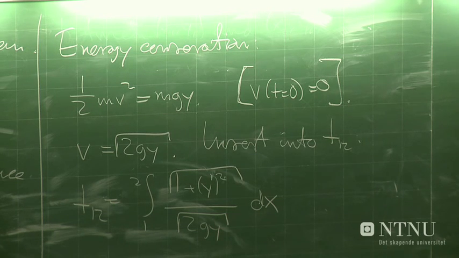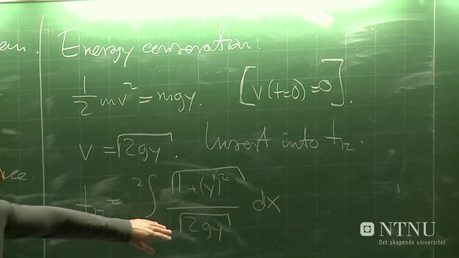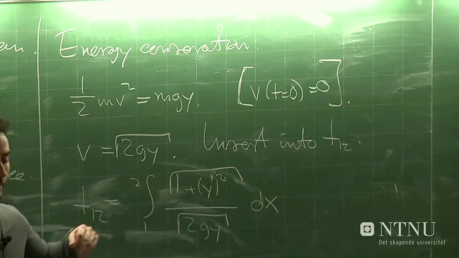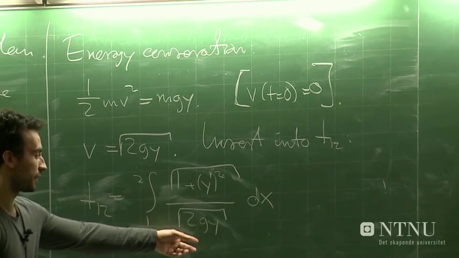Inserting it into the expression for t12, I get this. This is just the rewriting of ds, similarly to what I did in the previous example. And this is the velocity.